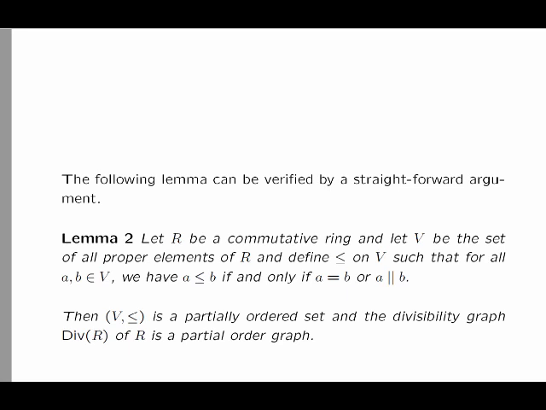Like let's choose 8 and 9. 8 is my N, 9 is my M. I want to know the minimum number of elements I can select from Z plus so that I will have at least 8 numbers, let's call them A1, A2, A3 up to A8, where A1 is a factor of A2, is a factor of A3, is a factor of A4, keep going till you reach A8.